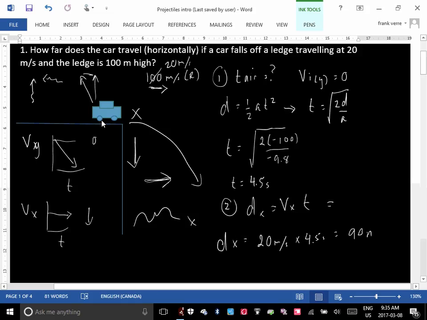However, the swimmer does travel at an angle, just like this car. This car is not traveling just down or just across. It's traveling down and across. But the question is simply, how far horizontally do we travel? So we just need to consider the horizontal component for the speed.